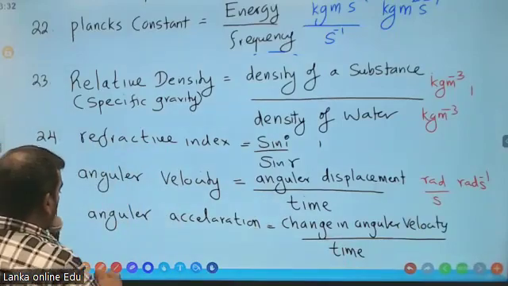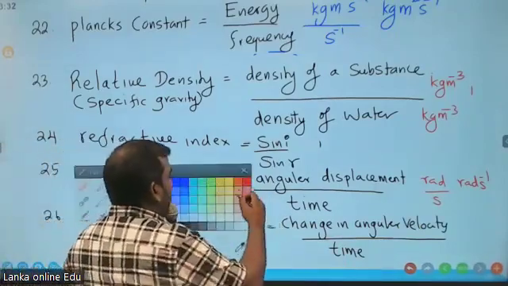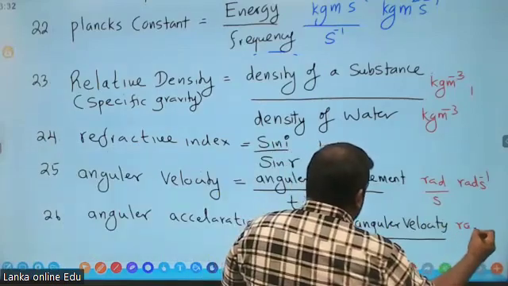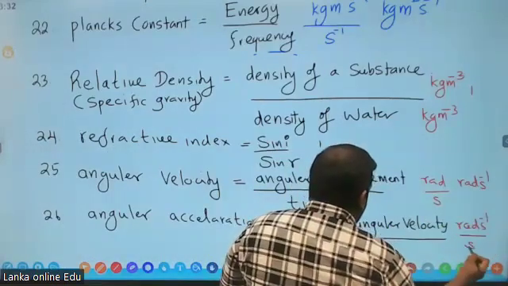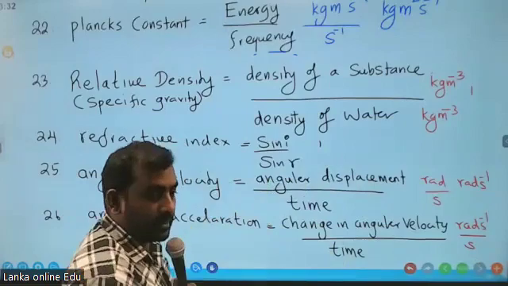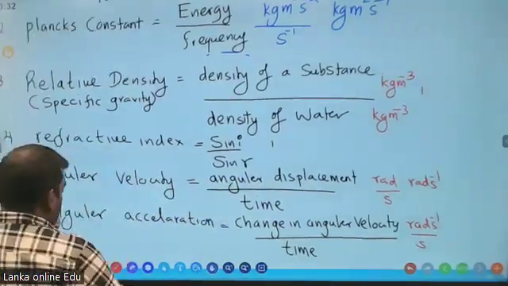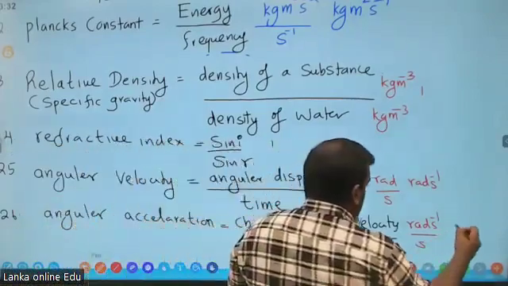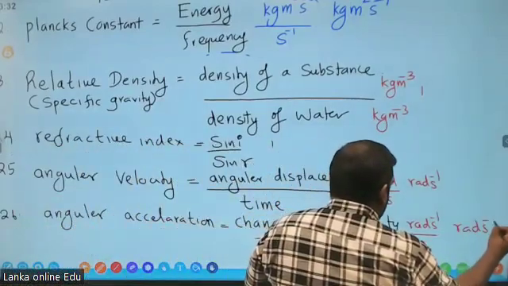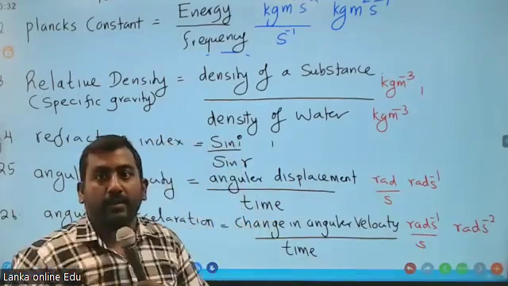What is the change in angular velocity? It is also angular velocity. Radians per second divided by second. Take it on top, what will you get? Radians per second squared. Clear?